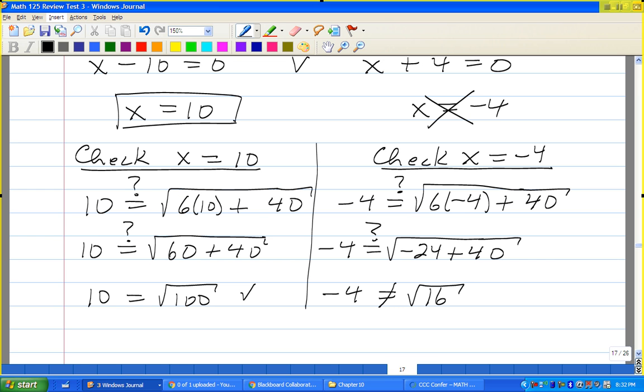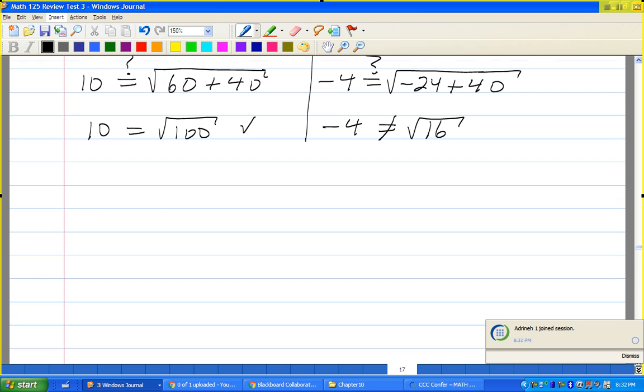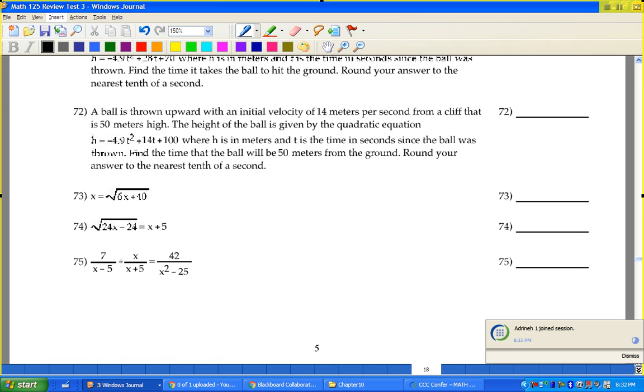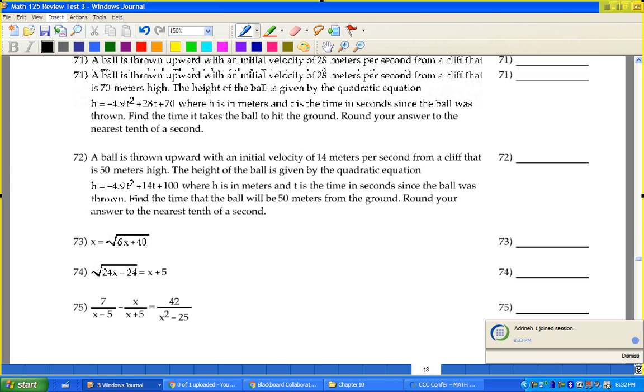Okay, so let me do problem number 74. So again, I guess I just want to solve this. The square root of 24x minus 24 equaling x plus 5.